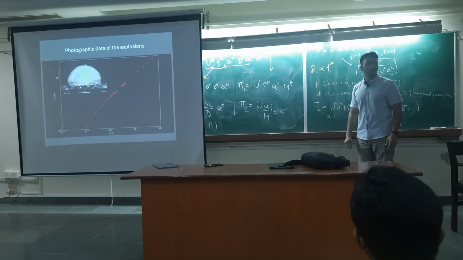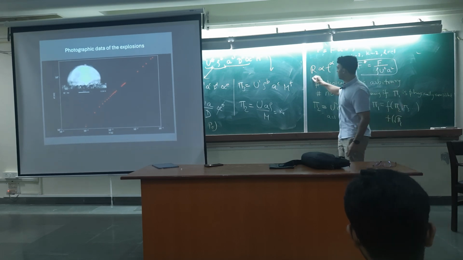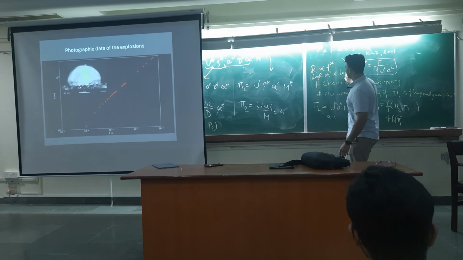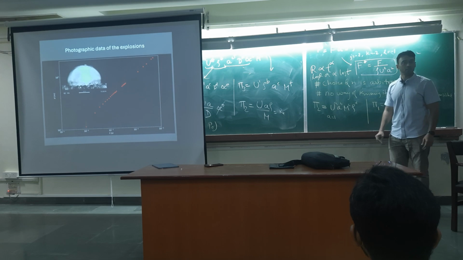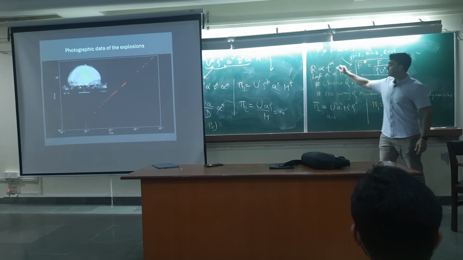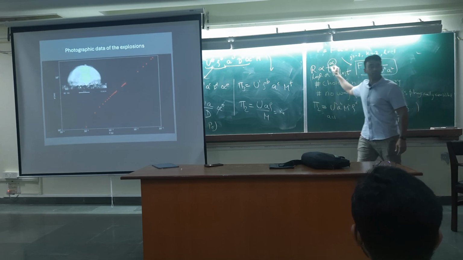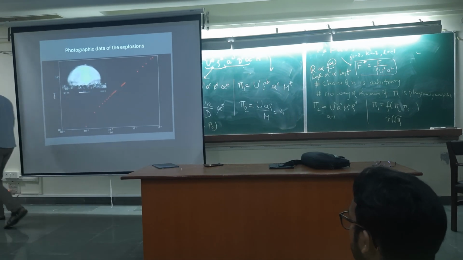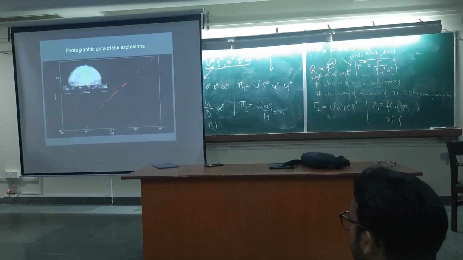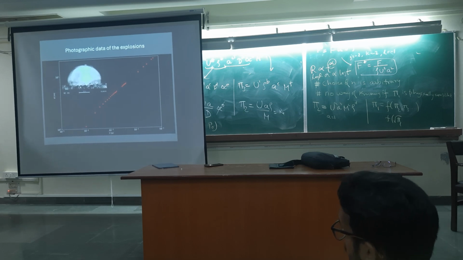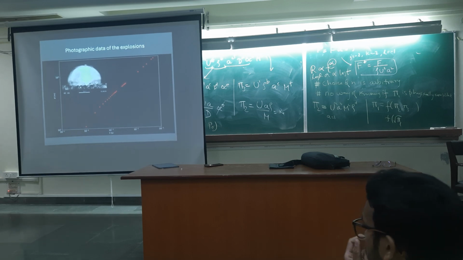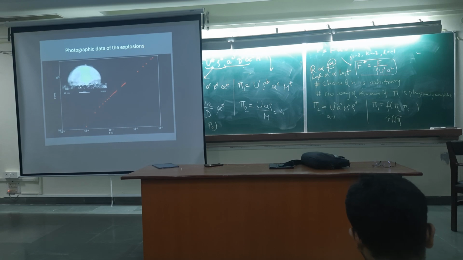If you plot it on a log scale, log r is proportional to alpha times log t, right? So the slope gives you the scaling exponent. So you can find the slope, and this came out to be 0.4, roughly 0.41. And this was given to Taylor: take this and tell us.